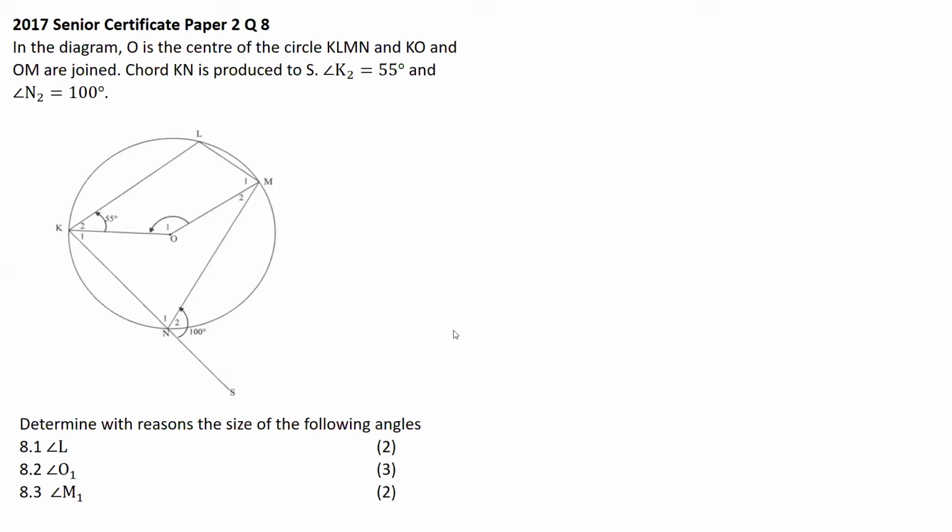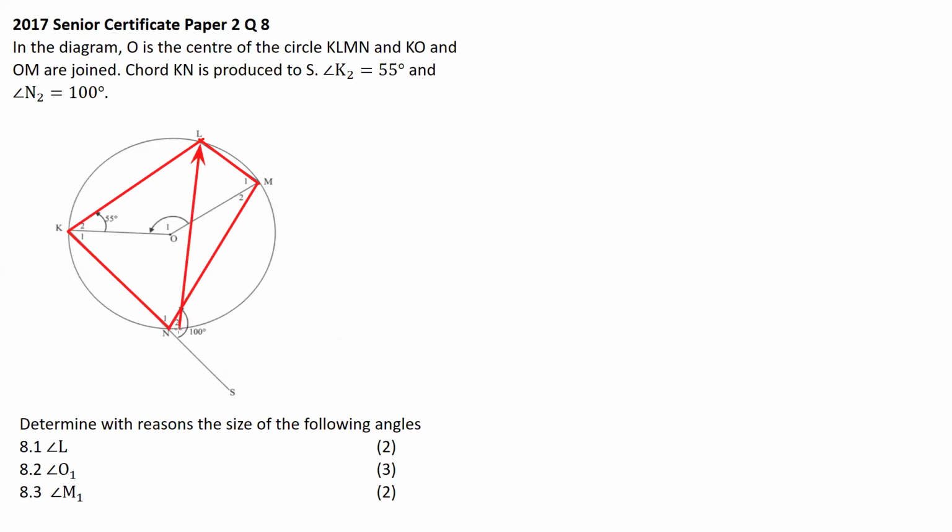So L, I think I see a cyclic quad. It should be L, M, N, K. Let me just use lines with colors to make sure that it's clear. And I think L should be 100. Exterior angle of a cyclic quad equals the interior opposite angle. So this N2 is outside and is an exterior angle.